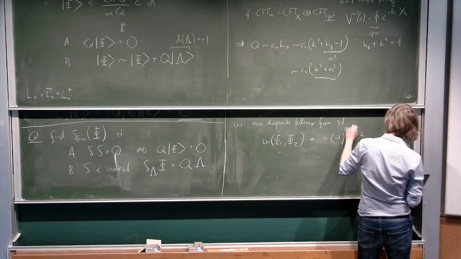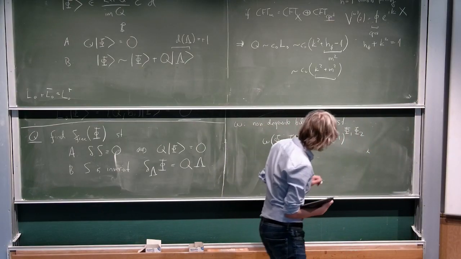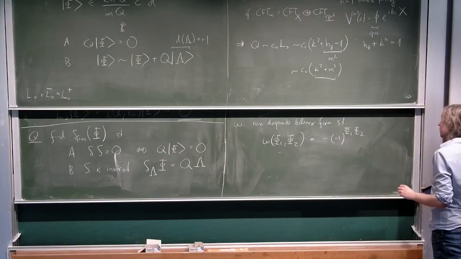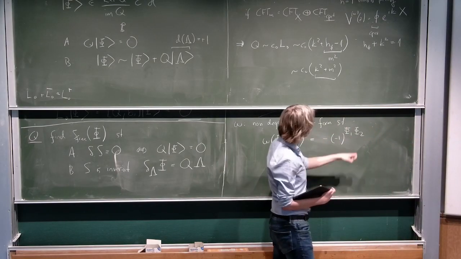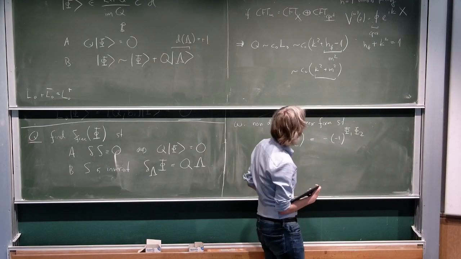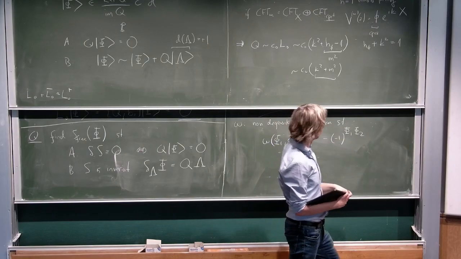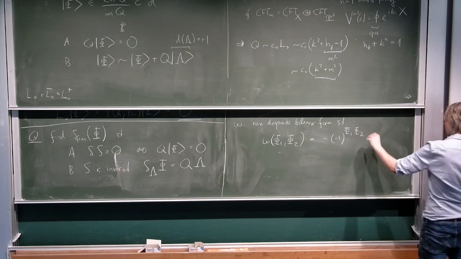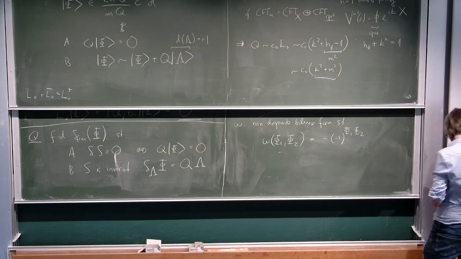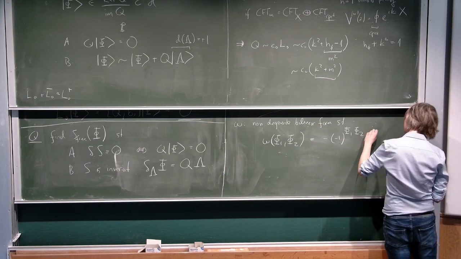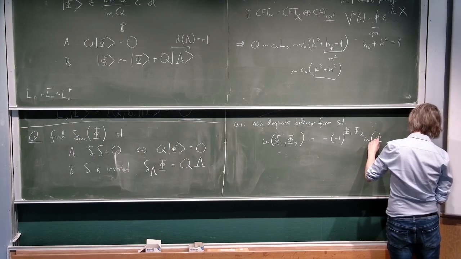Here I'm using this shorthand. If I write phi1 and phi2 in an exponent of a -1, what I really mean is the degree of phi1 and degree of phi2. So it's like d of phi1 times d of phi2. So this is the graded antisymmetry.